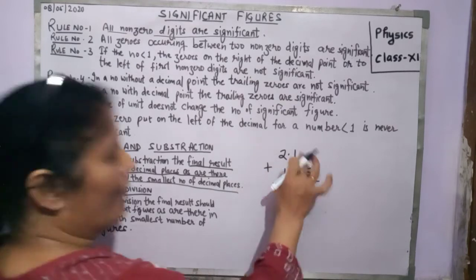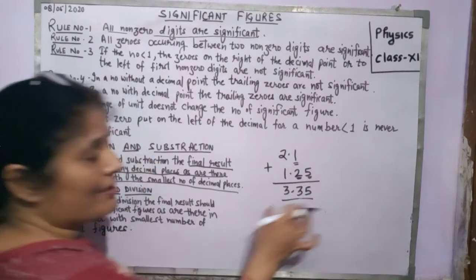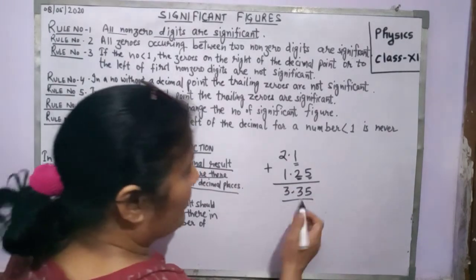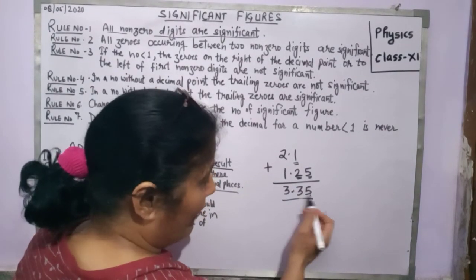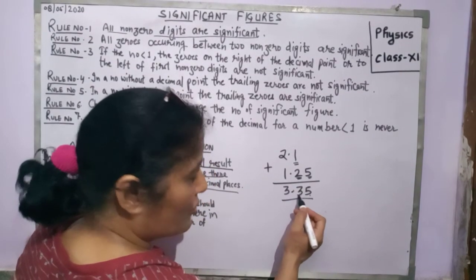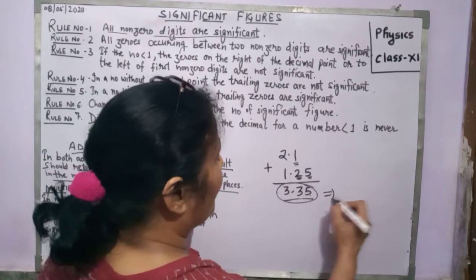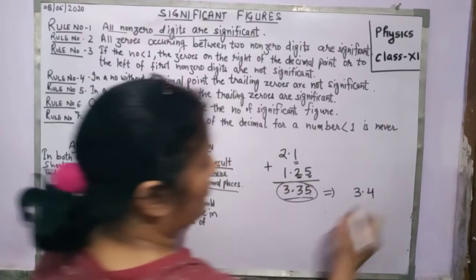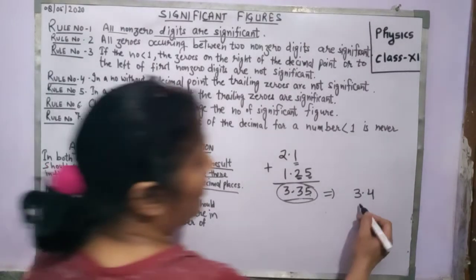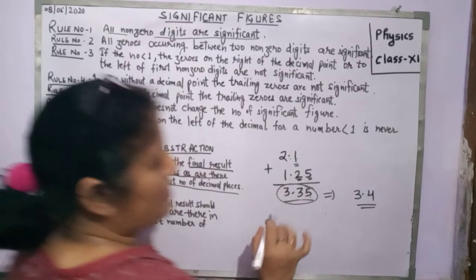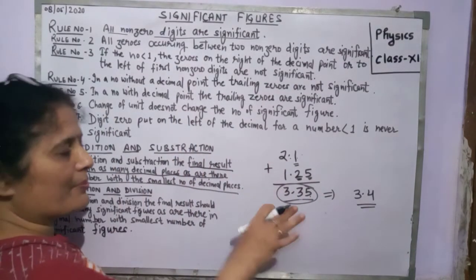Here there is only one place, therefore the result must be up to only one place. Now rounding off, this is 5 and before 5 the number is 3, which is odd. After rounding off we get 3.4, and this is your answer, up to one decimal place. Similarly in the case of subtraction.